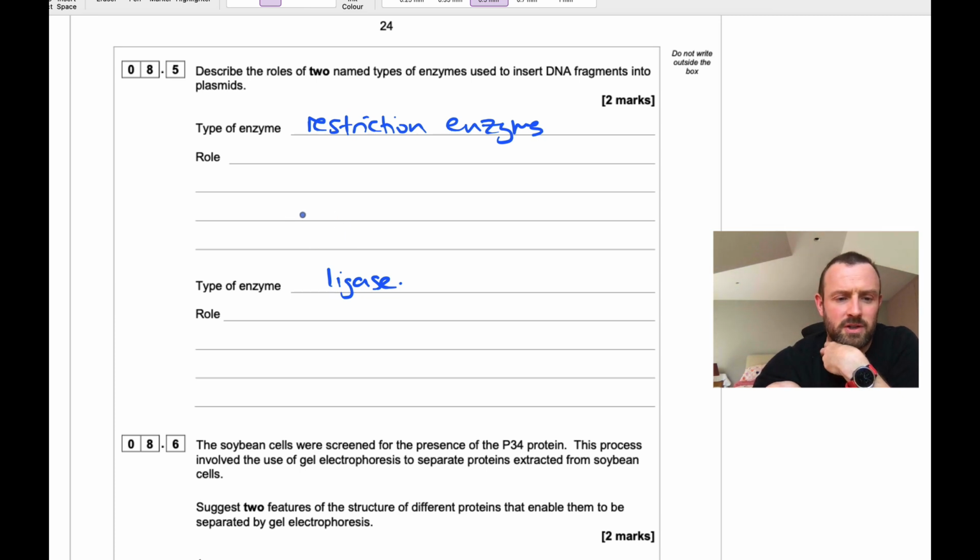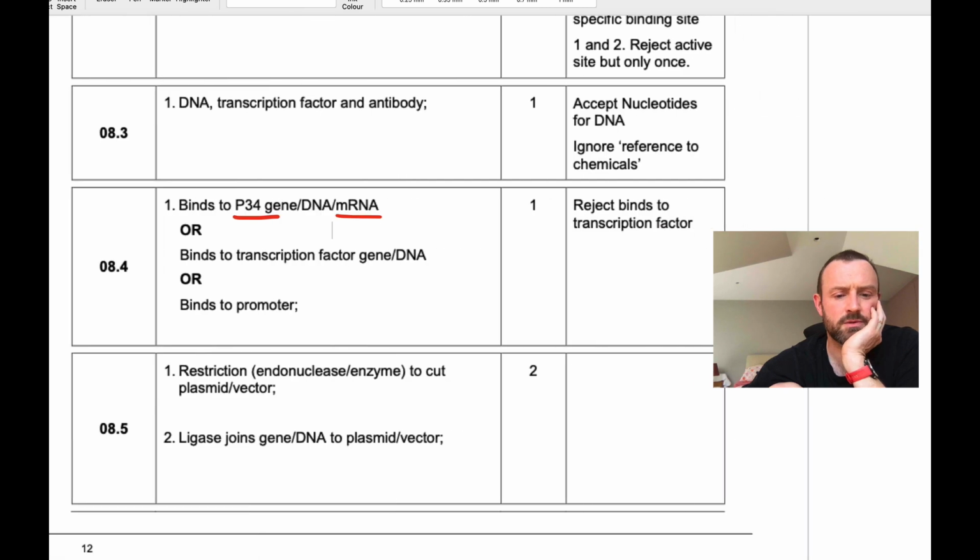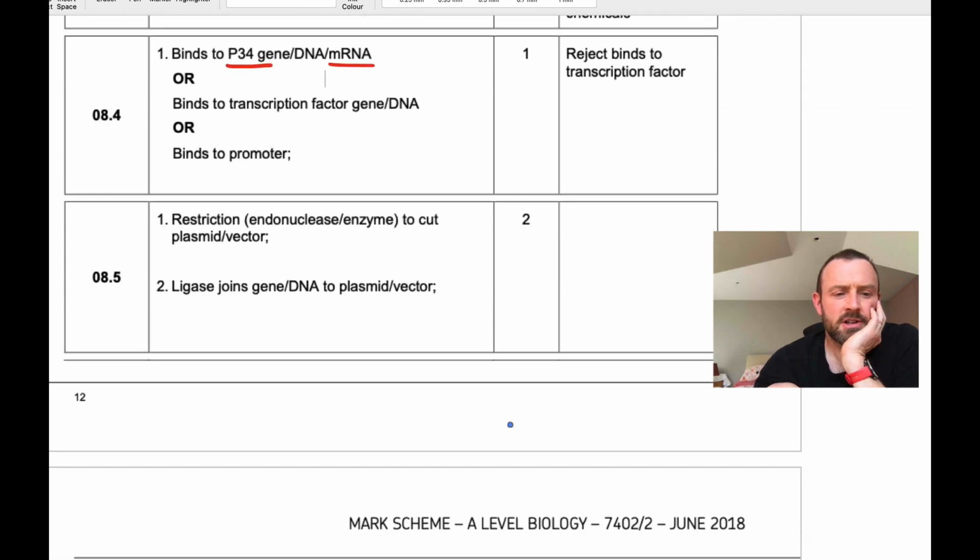I might even draw a little picture of a sticky end like this. I mean, sometimes it's rare that pictures are credited, but I might just illustrate anyway. And then ligase forms phosphodiester bonds joining up the backbone. Okay, so that's the two things that I would say. Let's see if those are right. So restriction enzyme to cut the plasmid, ligase joins the DNA. Yeah.